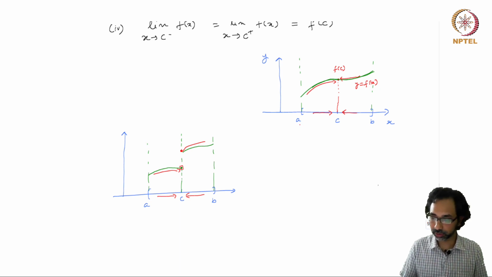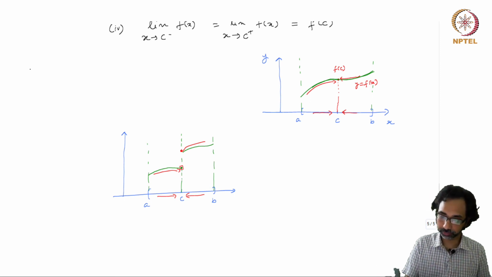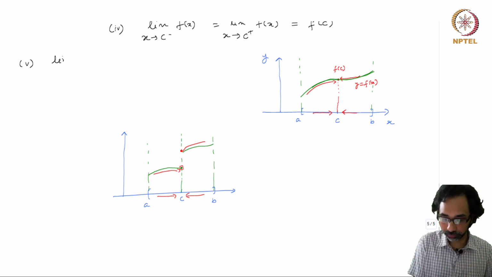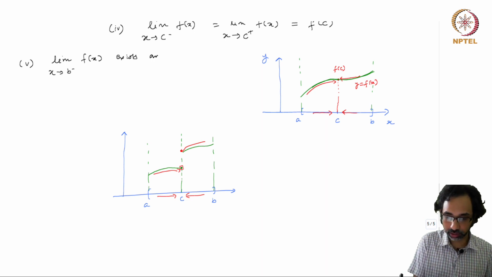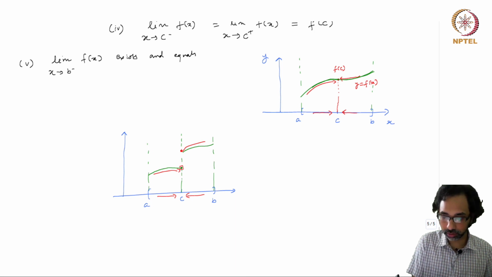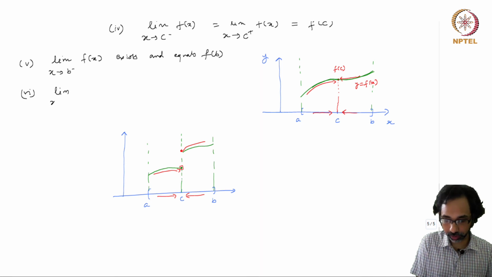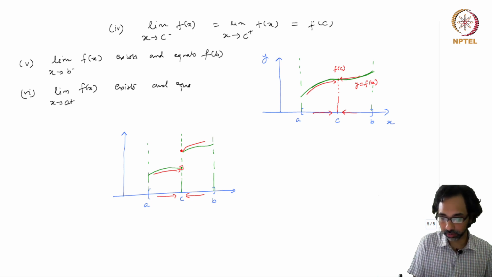So this is about the definition of continuity at an interior point in this closed interval [a, b]. In addition, we should also say what happens at the endpoints a and b. Let me write the fifth condition, which is that the limit as x tends to b minus of f(x) exists and equals f(b), and the sixth condition is that the limit as x tends to a plus of f(x) exists and equals f(a).